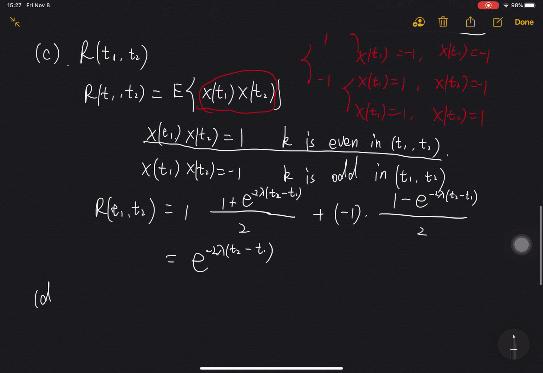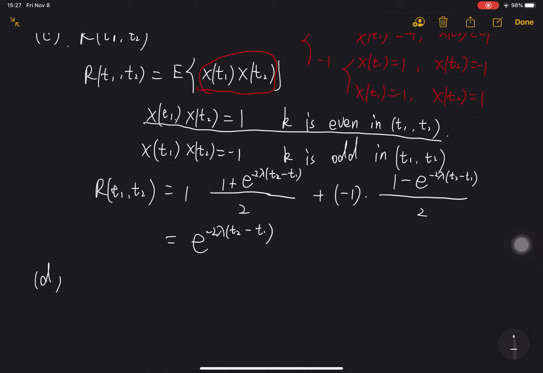And the next question, question D. In question D, we are asked to prove whether X(t) is WSS.